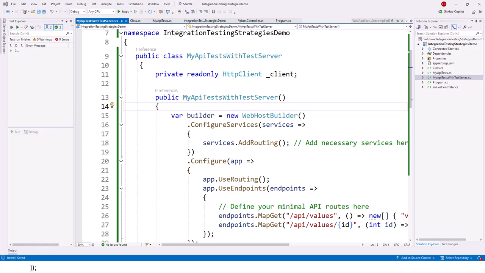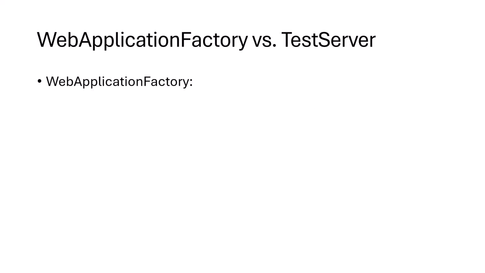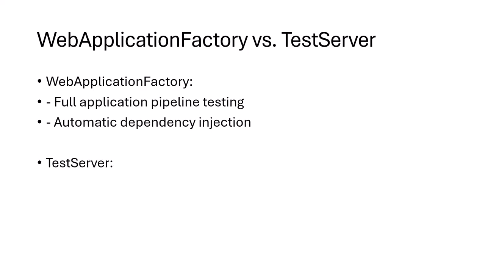Let's go over what is left. This is the same code which I've just discussed, myAPI test with test server with a fact test. I have created two asserts: one to check not null, another to check that the content contains the value 1. Then, web application factory versus test server: we have already seen this difference.